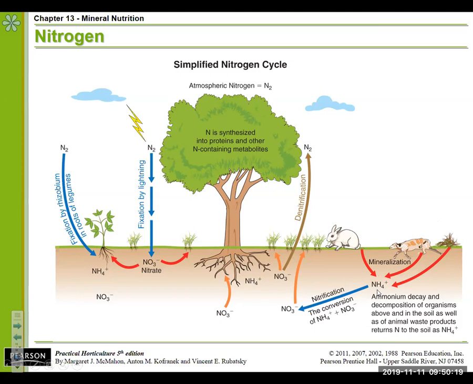And then as they decay and are decomposed by microorganisms in the soil, they are turned in some cases into nitrate, which then is the most accessible form of nitrogen for plants. And then in the plant itself, it's synthesized into the proteins, into the chlorophyll and other nitrogen-containing metabolites, and can be returned to the soil or exported.